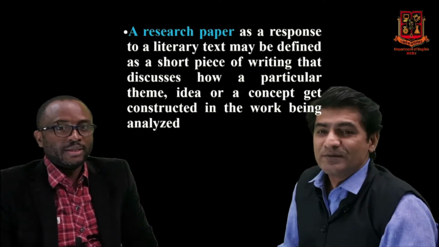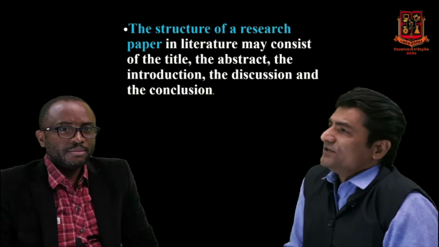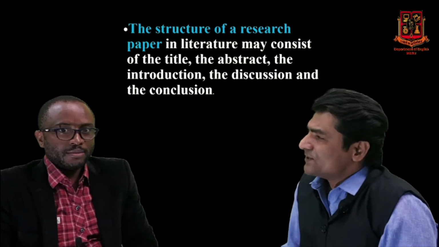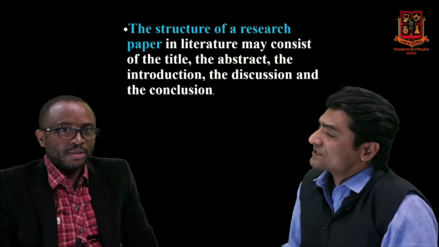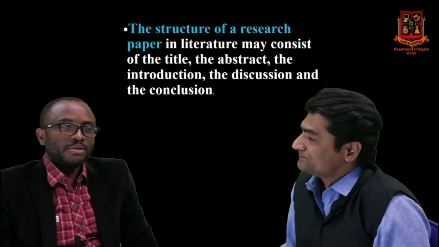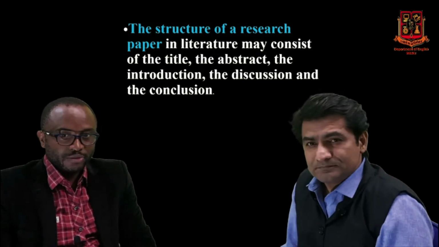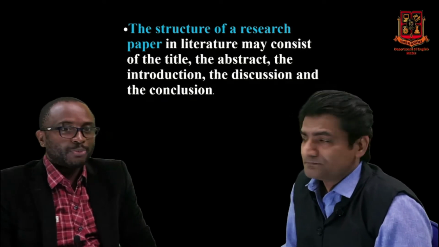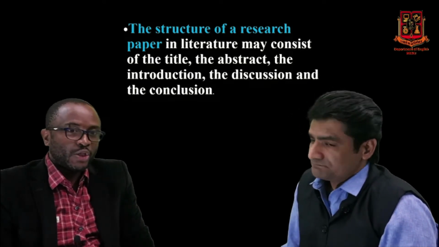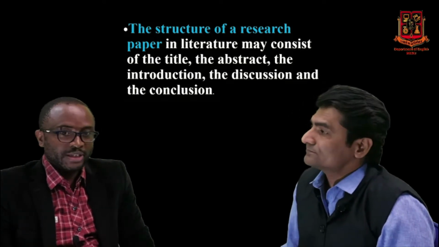And if we want to look at this paper structurally, how can we think of the structure of a research paper? The structure of a research paper may consist of the title, the abstract, the introduction, the discussion, and the conclusion.